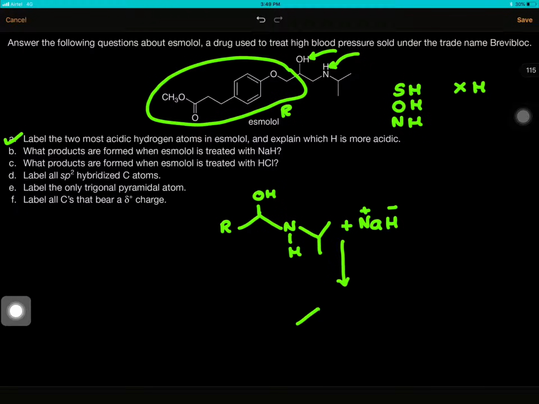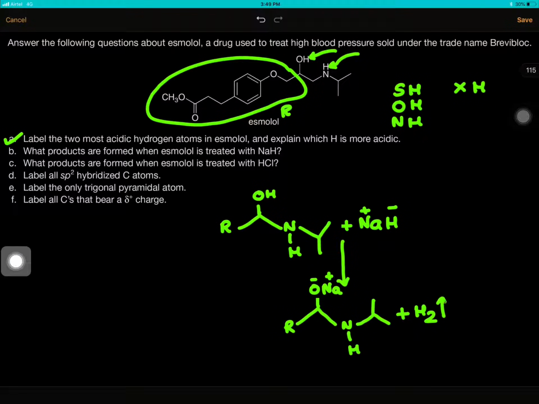So basically this will be O minus Na plus, this will be the salt form, and this H plus and this hydrogen will join together to form H2 gas. So the products are this salt as well as H2 gas when esmolol is treated with NaH.